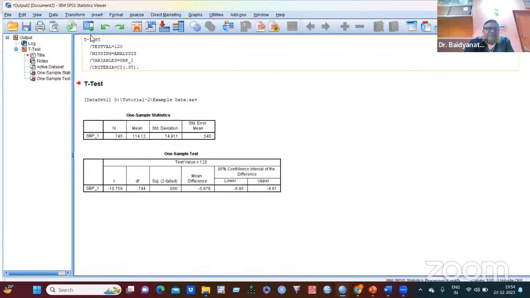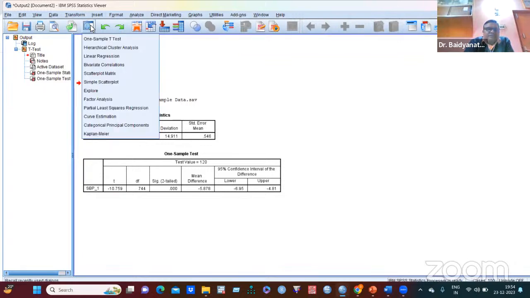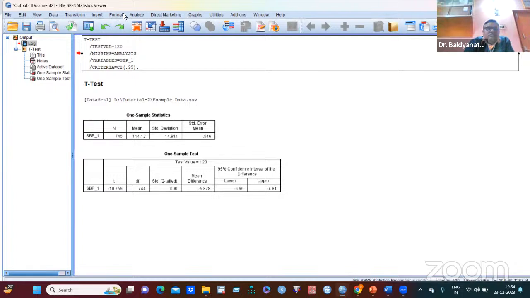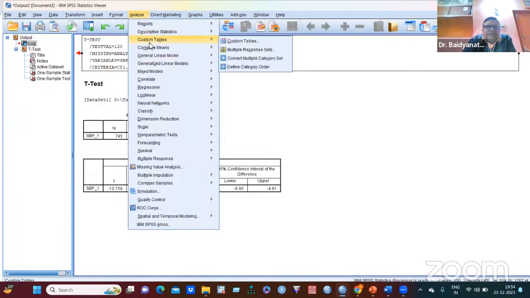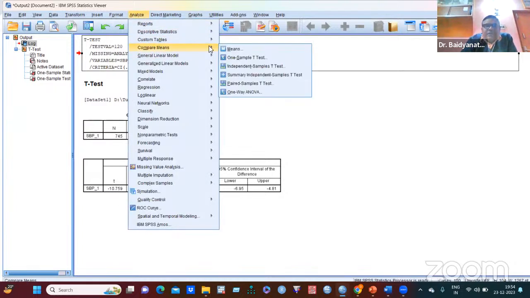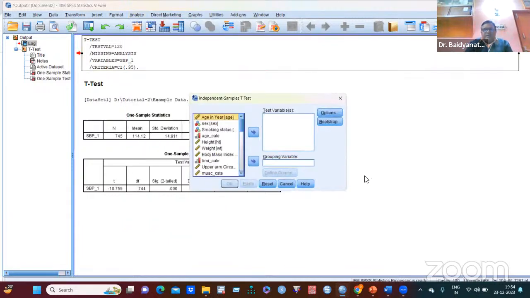Now we go to the independent t-test. This is another type. It compares the mean between two groups. Suppose systolic blood pressure, I have two groups here.